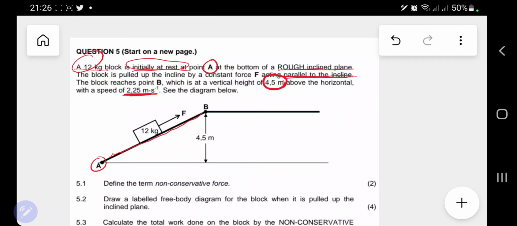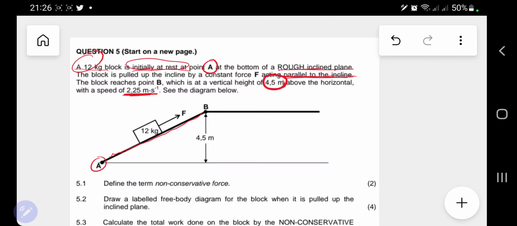All right. So, yes, the first question there is a theoretical question. It says define the term non-conservative force. We remember we've got conservative forces and also non-conservative forces.